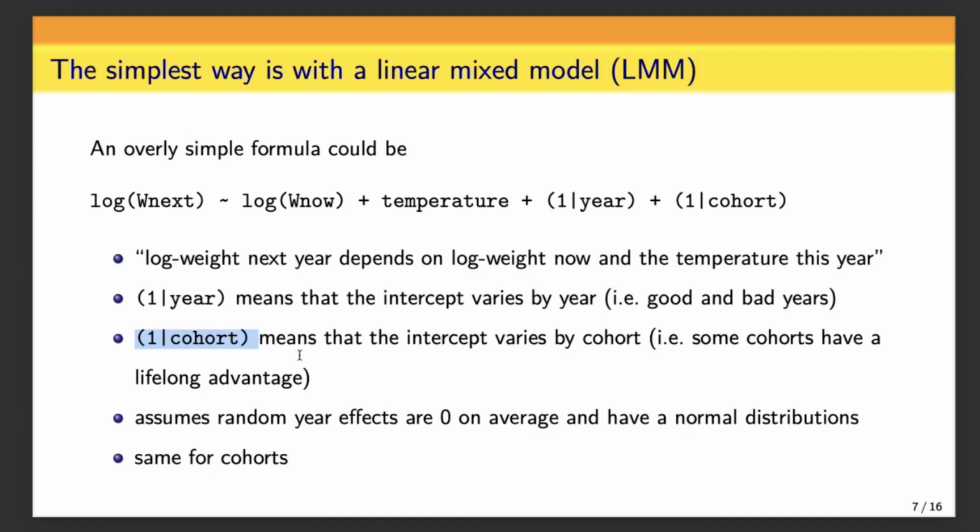Some cohorts have a lifelong advantage, maybe because they grew up in low density and plenty of resources per capita, or some of the cohorts were born at high density and they have limited resources and they'll have reduced growth rates for their entire longevity. And we assume that these random effects are on average 0 and have a normal distribution. That's just the simplest assumption for the year effects, and the same for the cohort random effects.